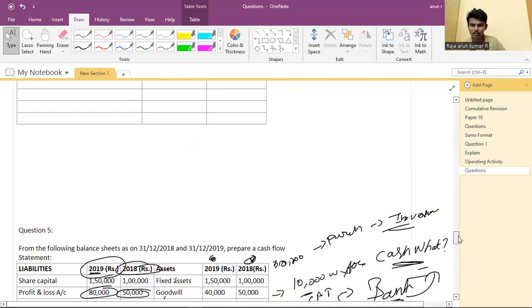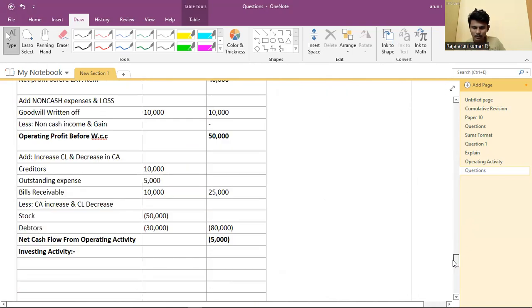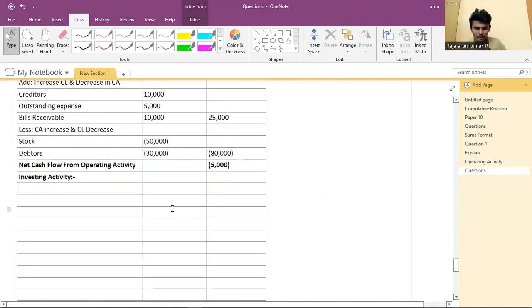Purchase of fixed asset. Here I tell that investing activity, purchase of fixed asset means cash goes out, unless there is no transaction in it. So I directly give the list out flow.